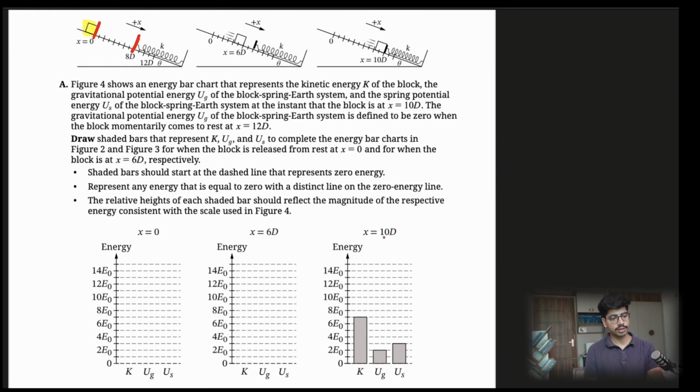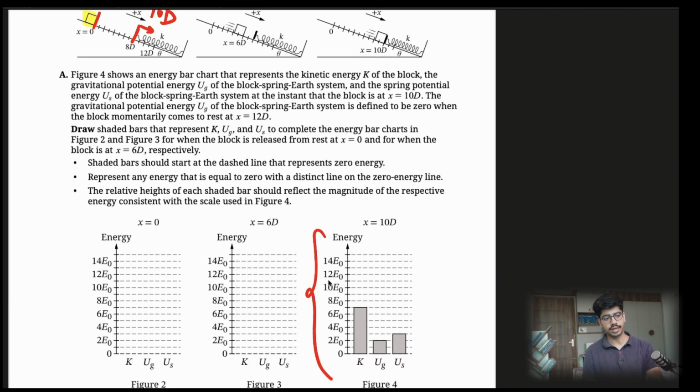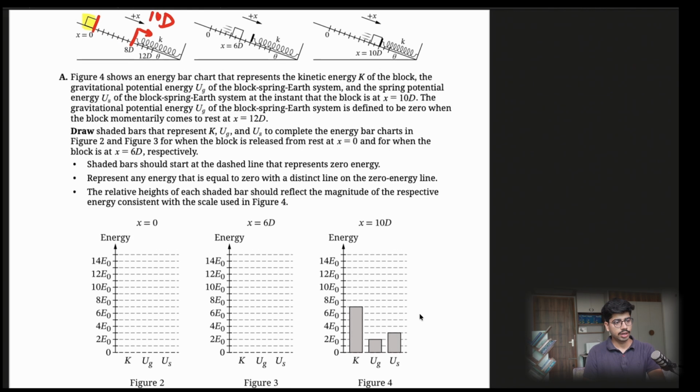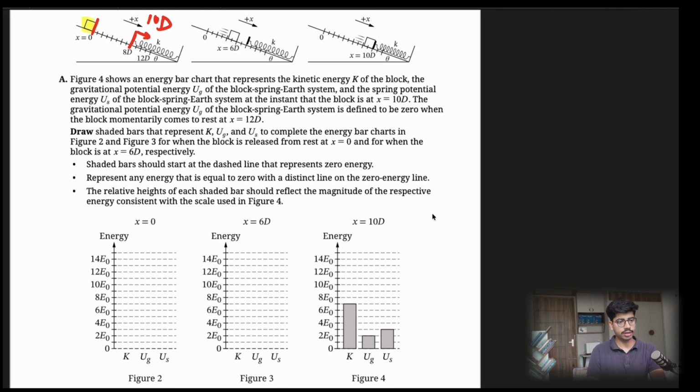So at x equal to 10D, this is the energy diagram, the block diagram that they have given. Another thing: you release it at x equal to 0, and the block momentarily comes to rest at the 12D position. It is momentarily stopped.